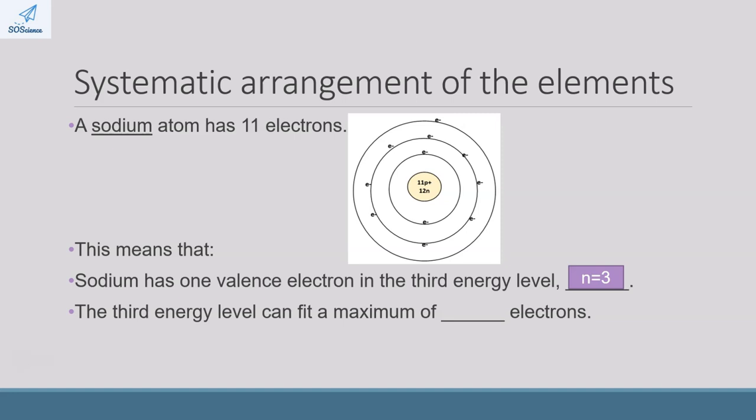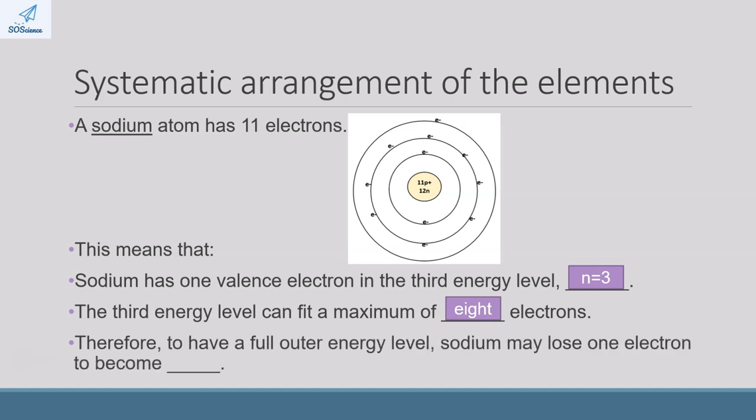The third energy level can fit a maximum, again, we learned, 8 electrons. And so to have a full outer energy level, the only option sodium has is to lose that 1 valence electron, and so it becomes Na plus. What that means is that the only ion that sodium can make is Na plus.